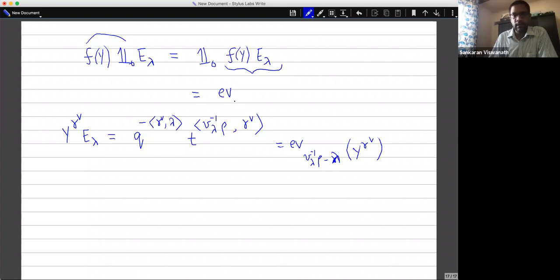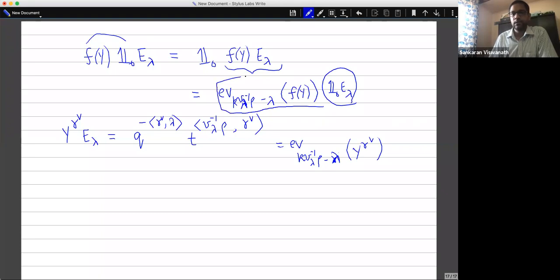It's a complex number, really. The k, remember, is a placeholder for t. So this is k times the evaluation of fy at v lambda inverse rho minus lambda, times 10 E lambda. And that's the end of the proof, because 10 E lambda is again P lambda after the constant. So when these fy's act on P lambda, the eigenvalue you get is exactly that.